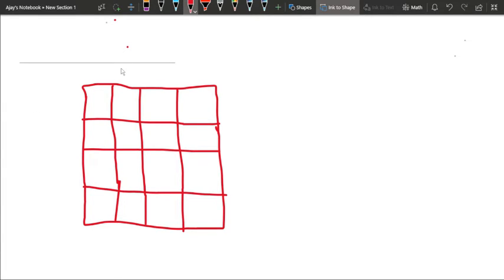So this is 4, this is 3, this is 2, and this is 1, and also this is 1, this block is 2, this block is 3, and this block is 4.